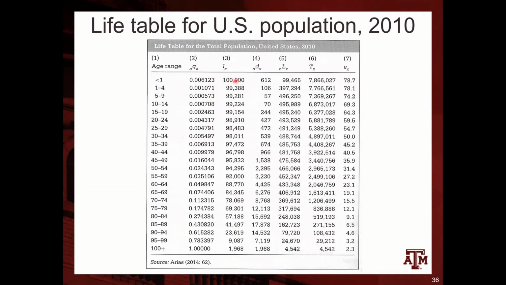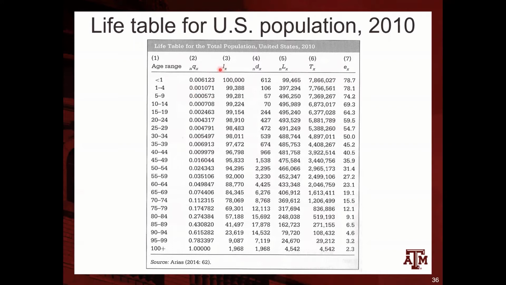So this is the number of people who entered that specific age group. See here that the notation for Q has the QXN, because this is the mortality throughout that age group. This is the mortality between 1 and 4. This is the mortality between 5 and 9.